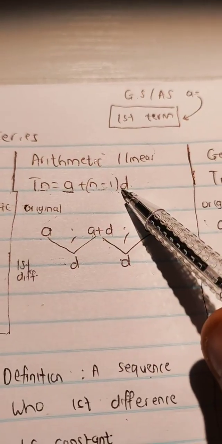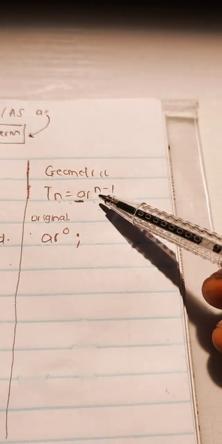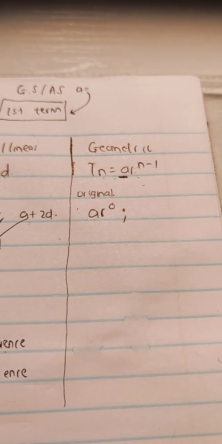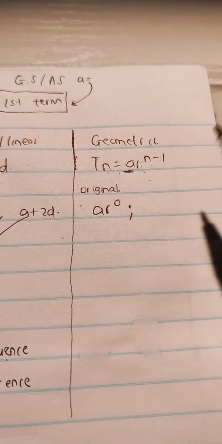D for your arithmetic sequence means constant difference, whereas R in your geometric sequence means constant ratio. That's something you need to note.